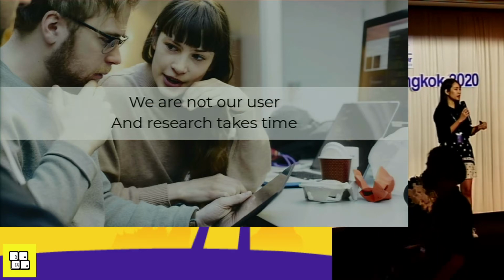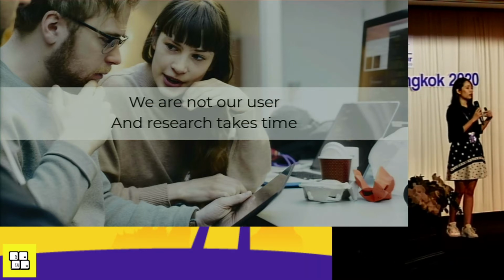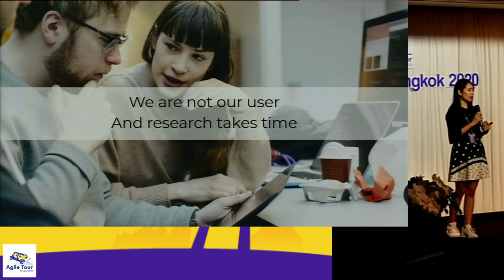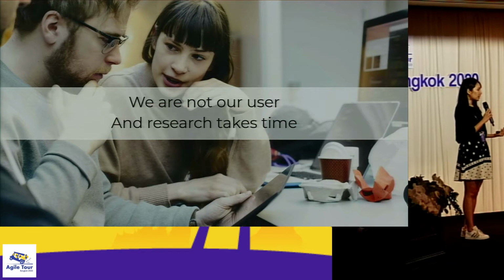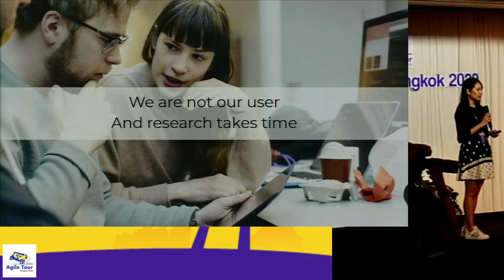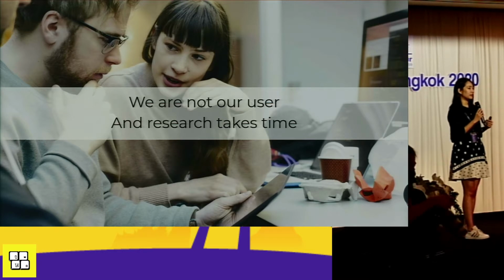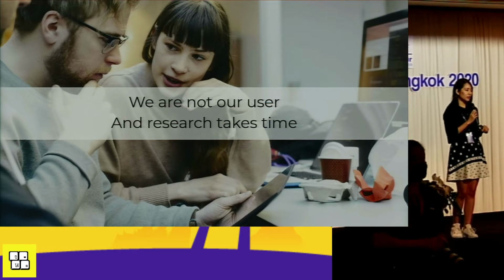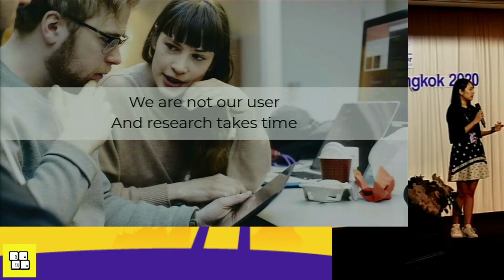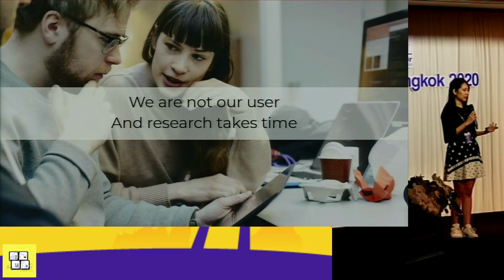Even for our internal tools, we have users all around the world. So every time we want to do user research, we need to get back to our users, ask permission from their supervisors, ask for some time from them, and also deal with the time zone difference. This problem can lead to delays in our project timeline.